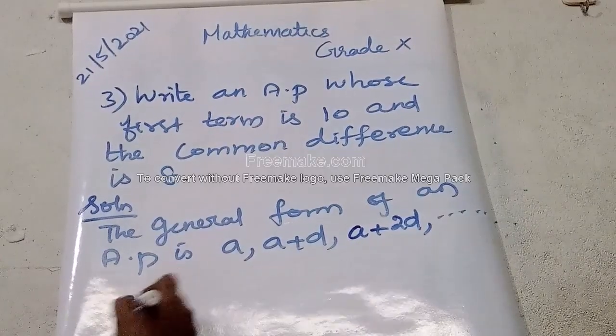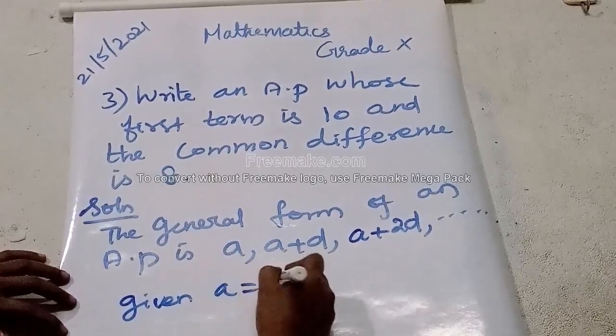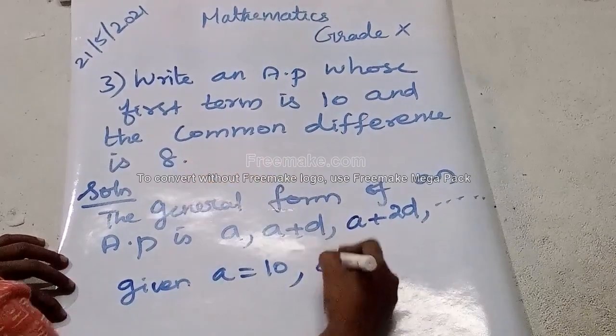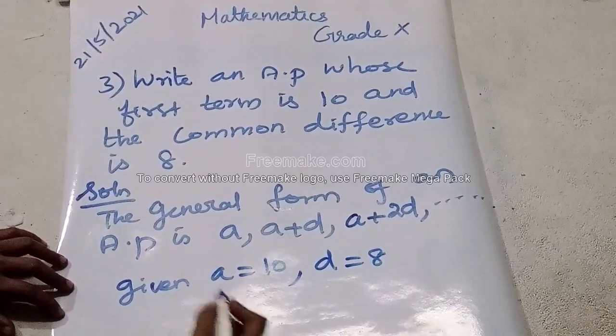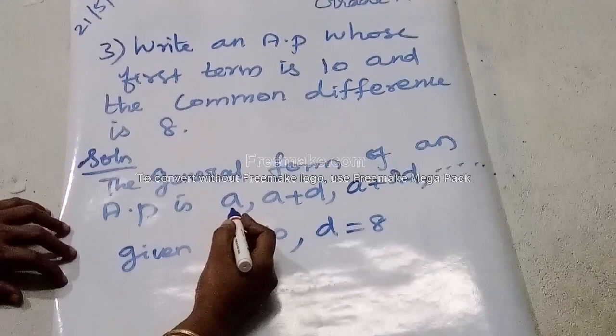Okay. So given first term A is equal to 10, common difference D is equal to 8. Both values we have to apply in this formula.